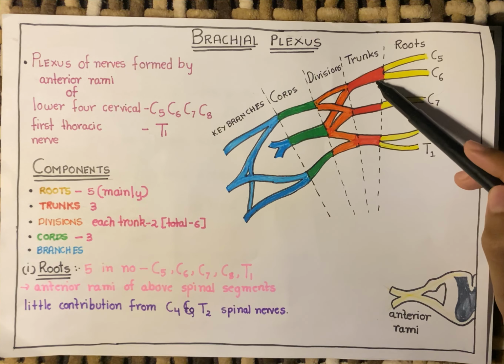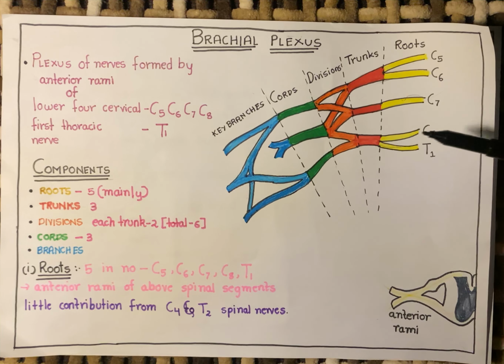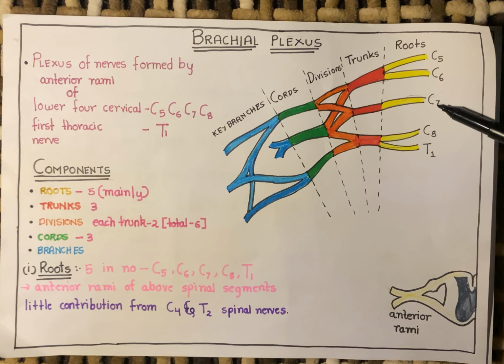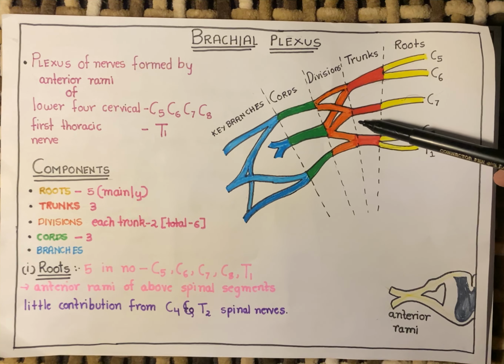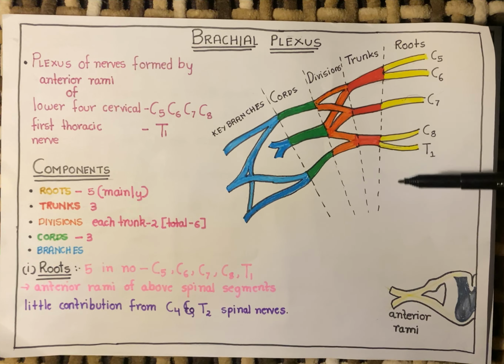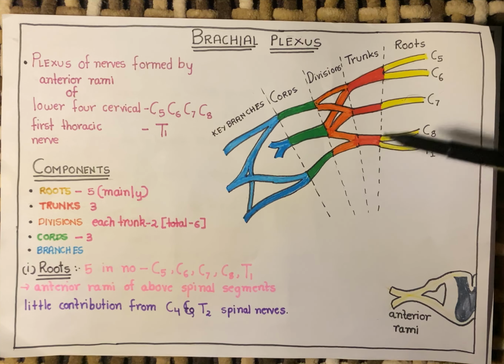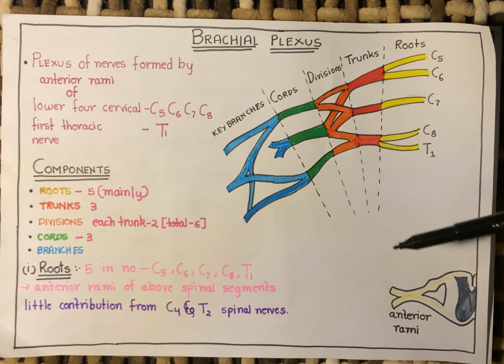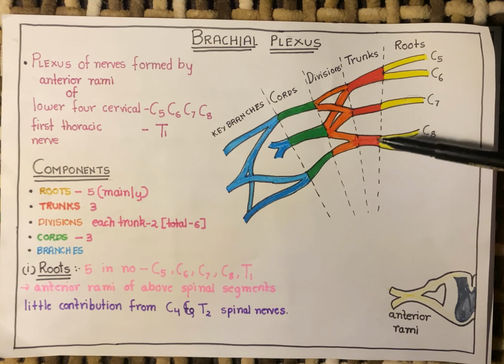The middle trunk is formed by the C7 root itself, which continues as the middle trunk. Moving on to the lower trunk, the C8 and T1 roots fuse with each other to form the lower trunk. Hence, there are 3 trunks in total: the upper trunk, the middle trunk and the lower trunk.